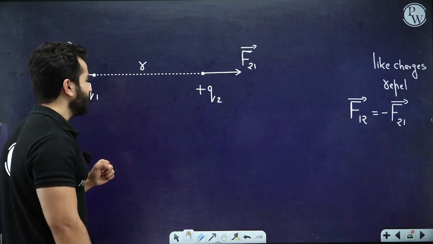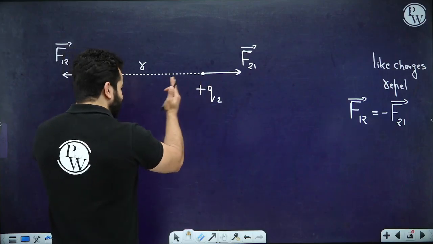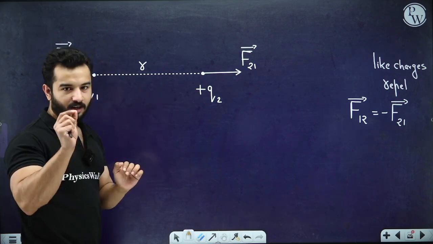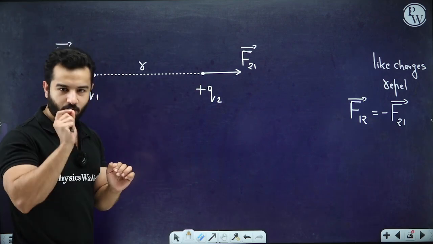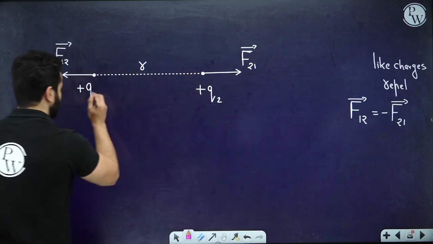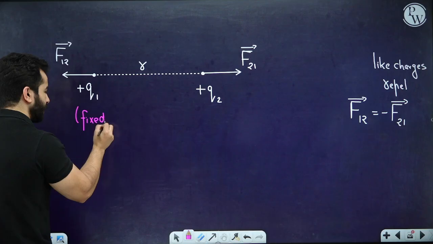Now please understand, if I want to decrease this separation, understand what I'll have to do. First of all, let's say that this particular charge is fixed right now. We have fixed its position.